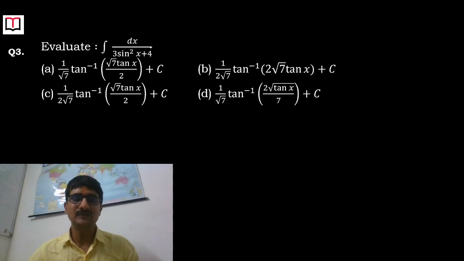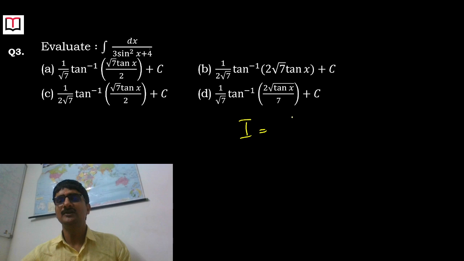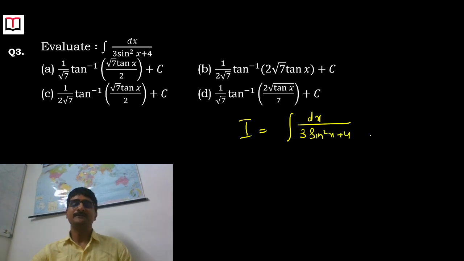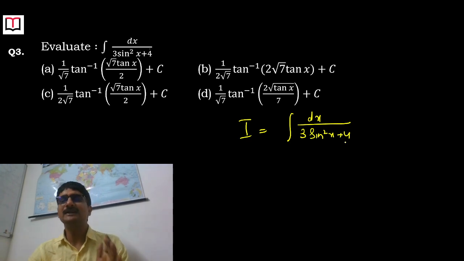Moving to the third one, evaluate this integral. I strongly believe all of you know how to do it. The integral is dx over 3 times sine square x plus 4. Whenever you have just an even power combination of sine and cos, we try to convert the denominator in terms of tan, so we divide by cos square.